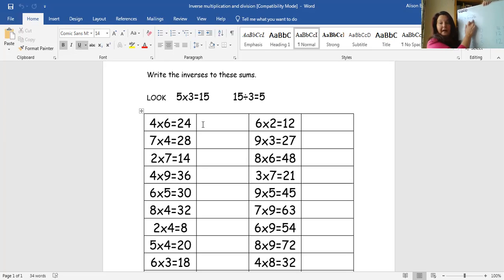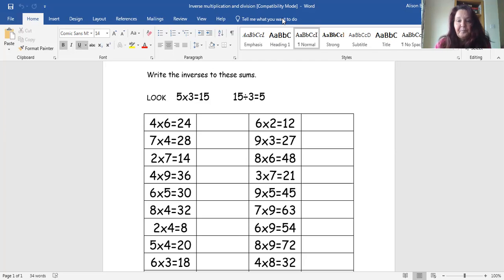So in the box next to it, I'm going to start with the number 24 shared by 6 equals 4. All I've done is use the numbers that I've already been given. Can you see that? So the first one is already done for you there. So that's your first sheet, and everybody can have a go of this one because all the answers are there. So it makes it quite straightforward.